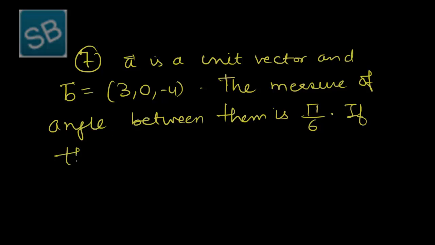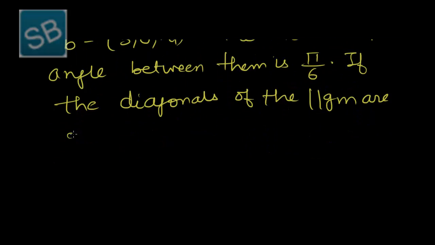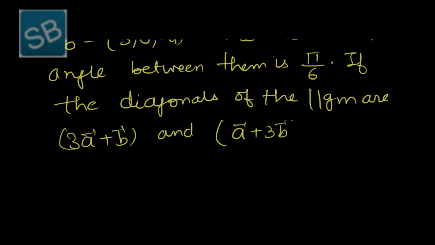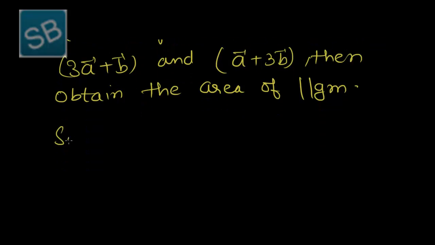If the diagonals of the parallelogram are 3 times vector A plus vector B and vector A plus 3 times vector B, then obtain the area of the parallelogram.